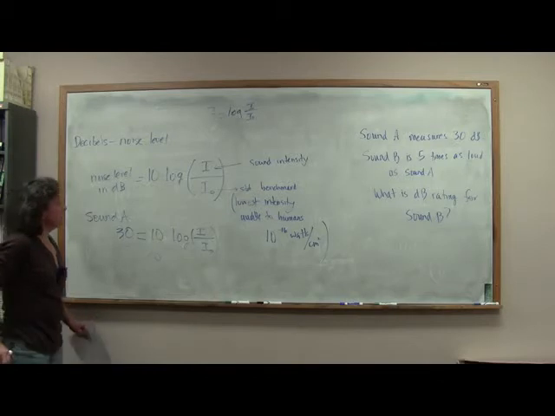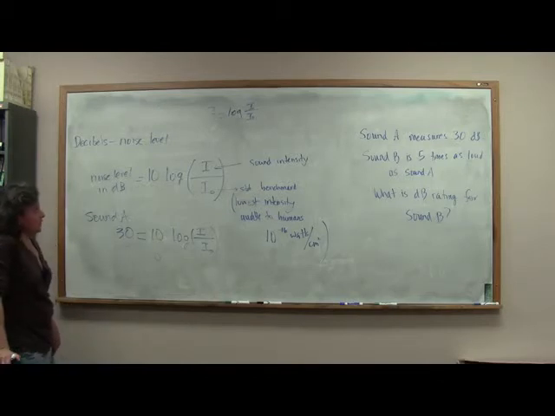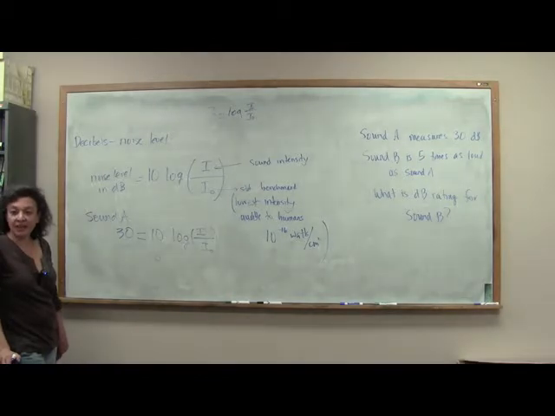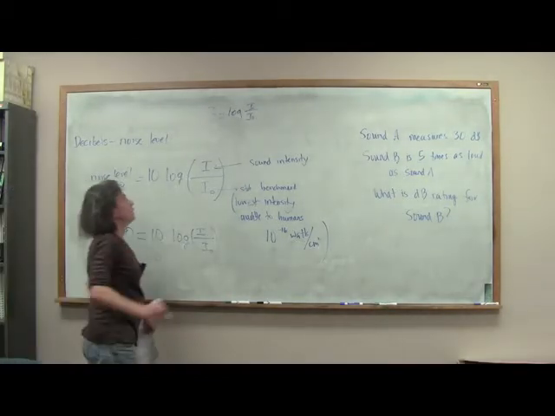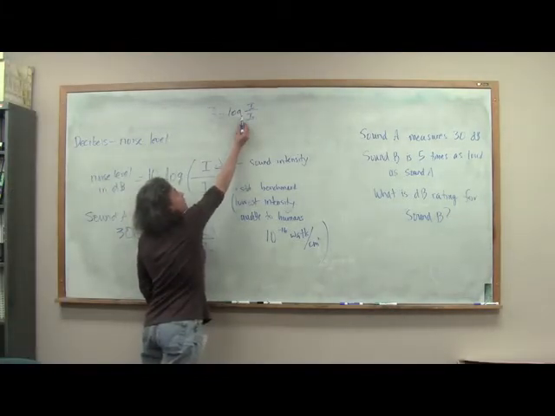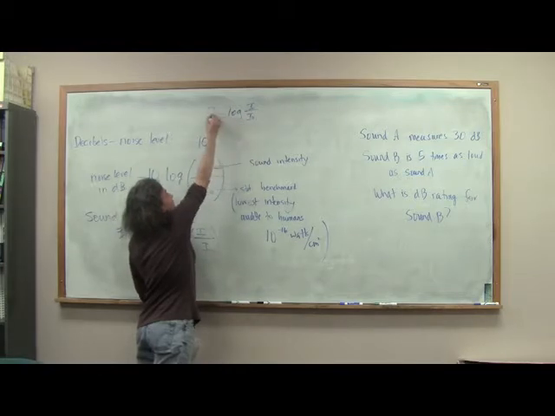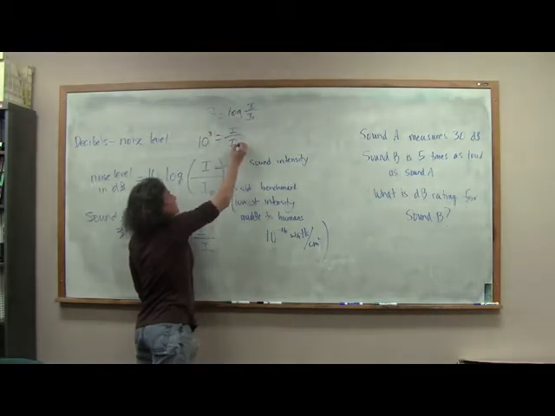Next, let's get rid of our logs. How do you get rid of the log? You change it to equivalent exponential form. Well, no base is written, so by default it's 10. So I claim from there we have 10 to the third power is I over I sub 0.